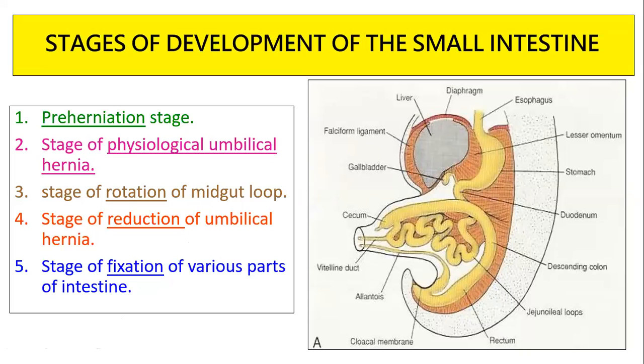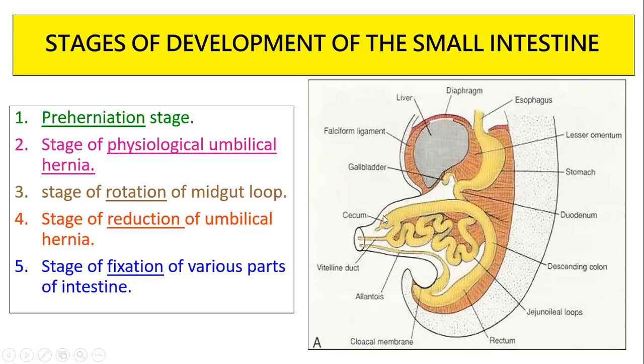Now coming to the development of the small intestine. It is a slightly complicated thing, where there are different stages of development. There are especially 5 stages of development of the intestine. What are the 5 stages? The first is called the pre-herniation stage.